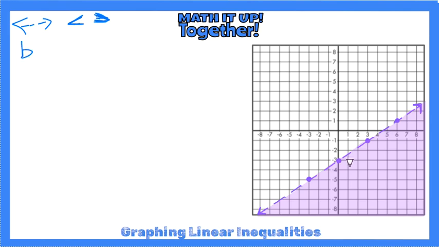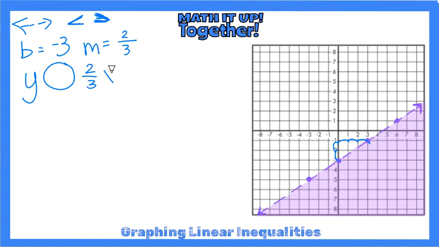I know for sure that my y-intercept is -3, and I'm going to count off my slope here. From that point, 1, 2, that's a +2 as my vertical movement, and 1, 2, 3, that's a +3 to the right for my horizontal movement, and now I can start forming the equation that will be an inequality, 2/3 x minus 3.